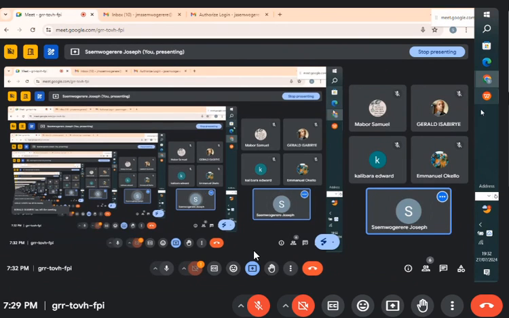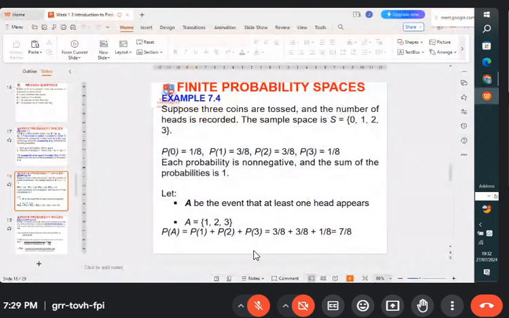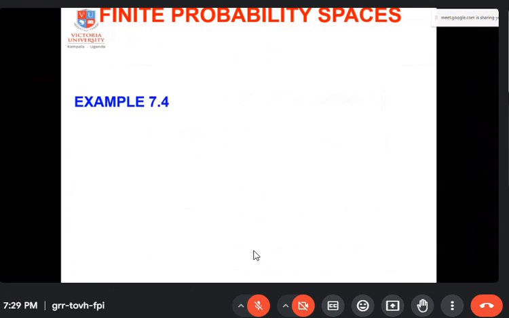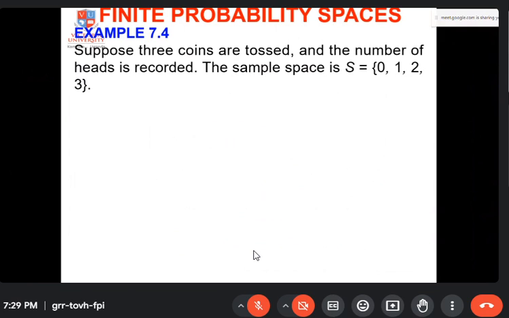Okay, so let us go back. I was saying the example we have, we are considering tossing 3 coins. And you remember the sample space we are getting. We had 8 points. Now the question there is that let us record the heads we have within those 3. There is a possibility that you have 0 heads. There is a possibility that you have 1 head.